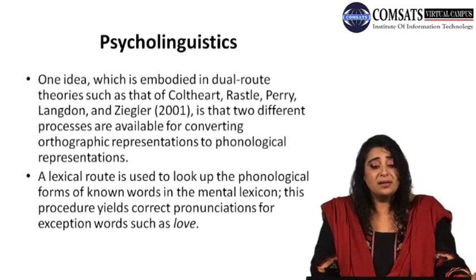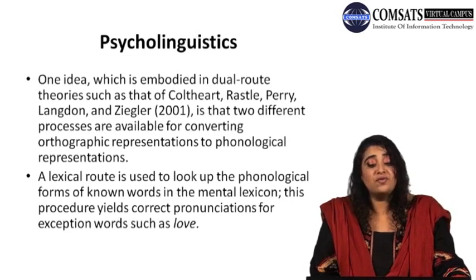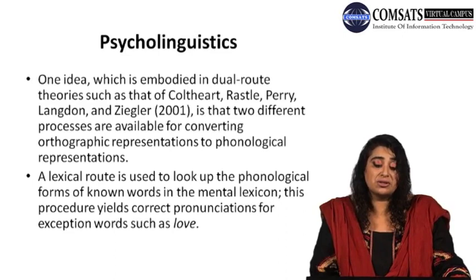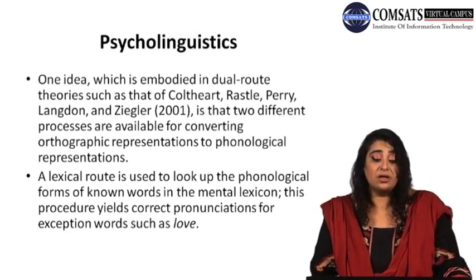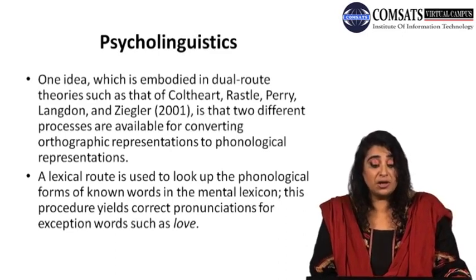Now, one idea, embodied in dual route theory, such as that of Coltheart, Rastle, Perry, Langdon, and Ziegler, is that two different processes are available for converting orthographic representations to phonological representations. A lexical route is used to look up the phonological forms of known words in the mental lexicon.